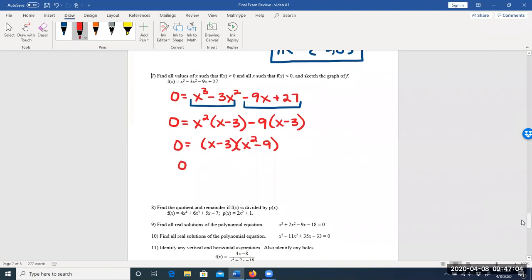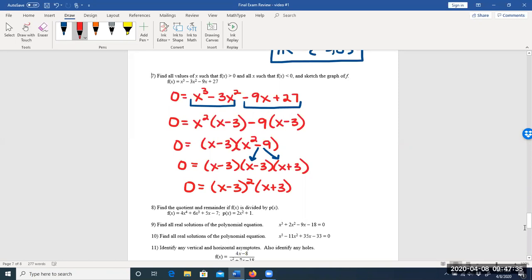Now, x squared minus 9 will factor further as x minus 3, x plus 3.